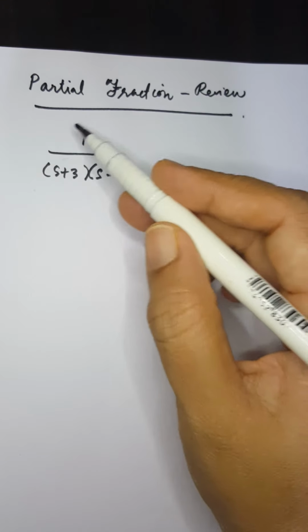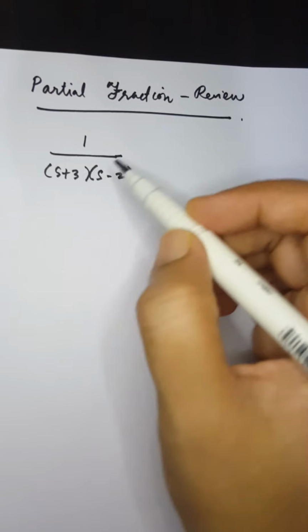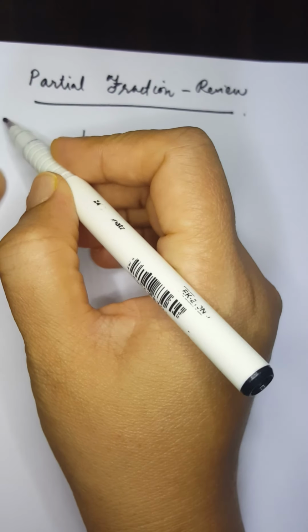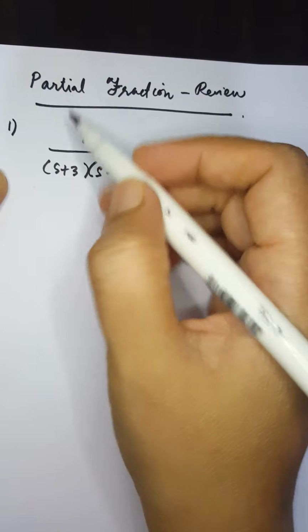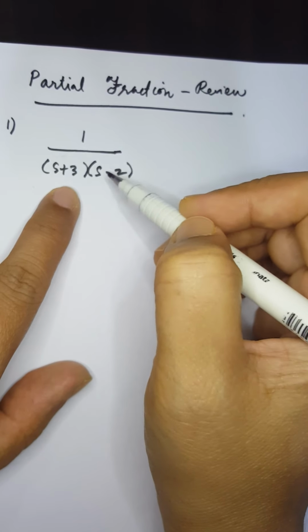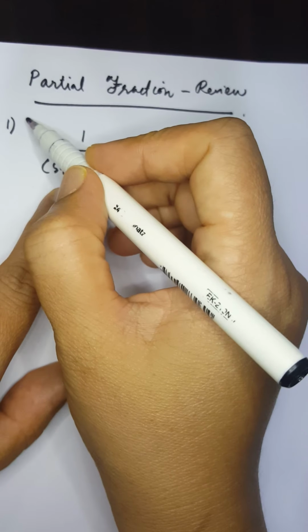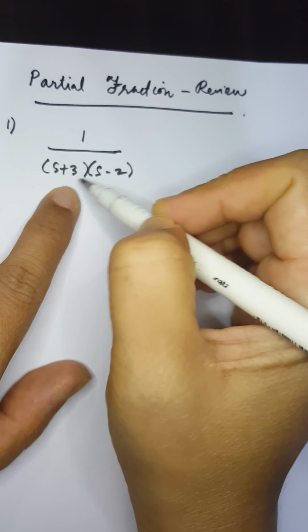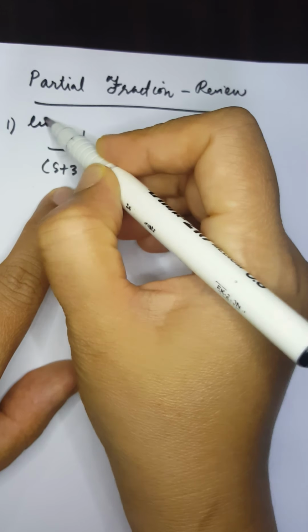So for example, if you have functions like this, actually there are three types of factors at the denominator. For this example, we have what we call linear factors.